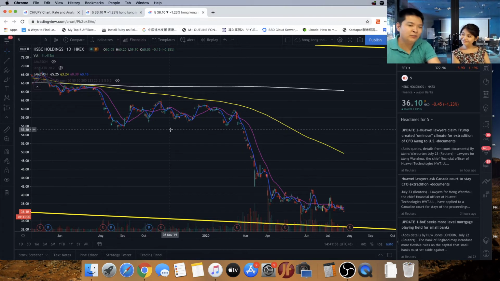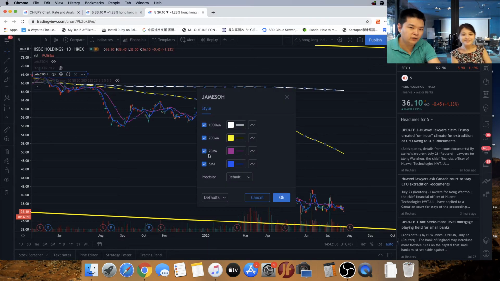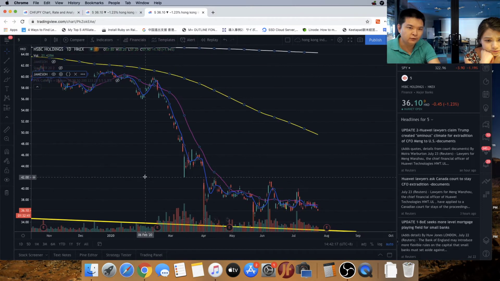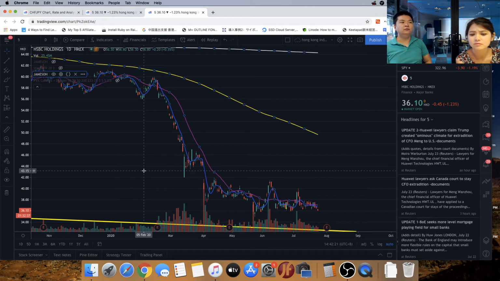Now I'll ask you a question. If you want to see this trend, which one do you think is better to use? This line, the pink line, which is the 20 moving average, or the 5 moving average? Look again. Which one do you think is better to identify this trend?